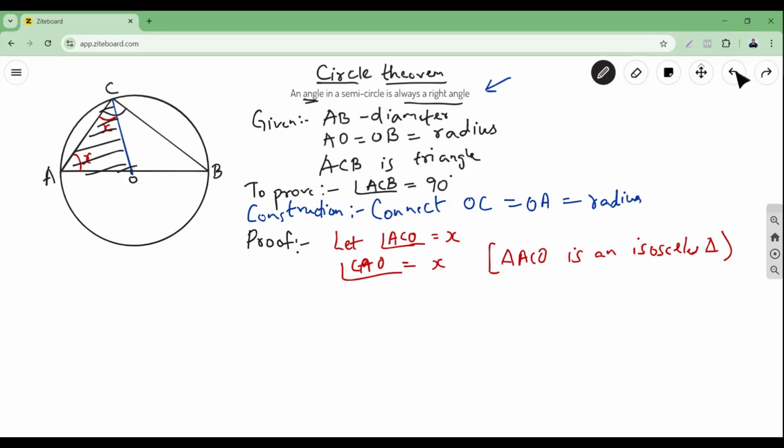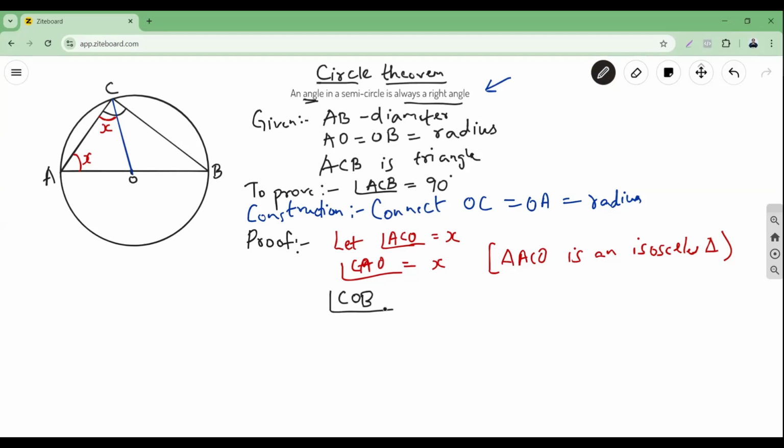That's the exterior angle. I have shaded it for you to understand which triangle I'm observing, the shaded triangle. Now I'm going to remove the shading. So I know that the external angle is COB.